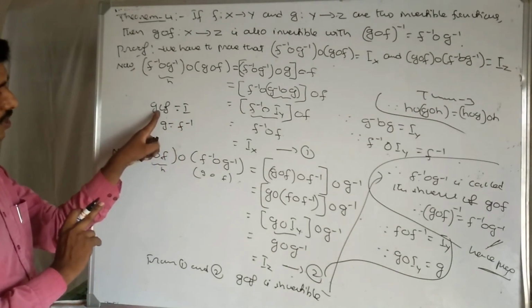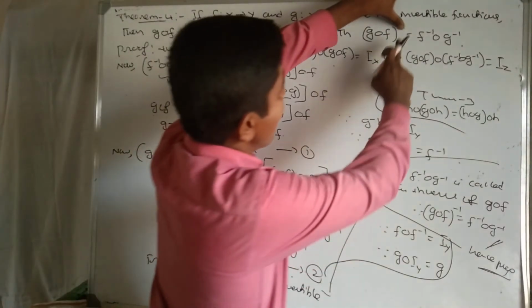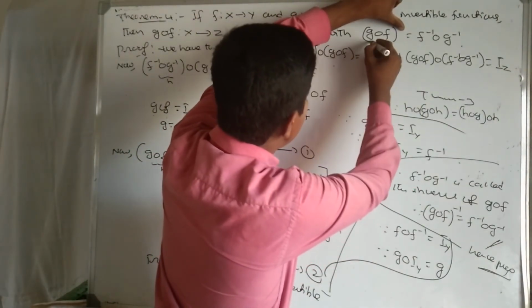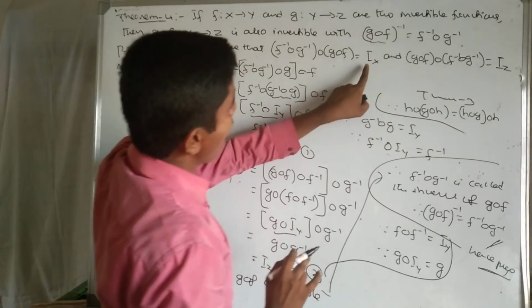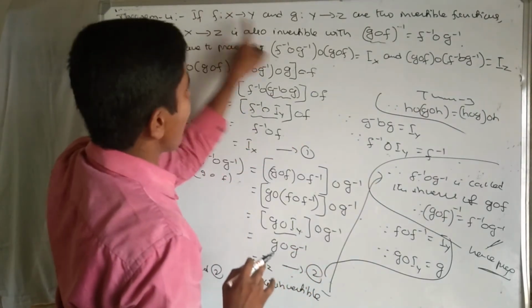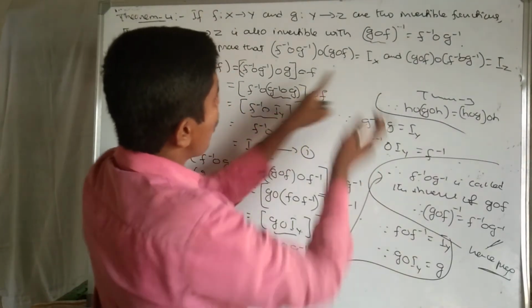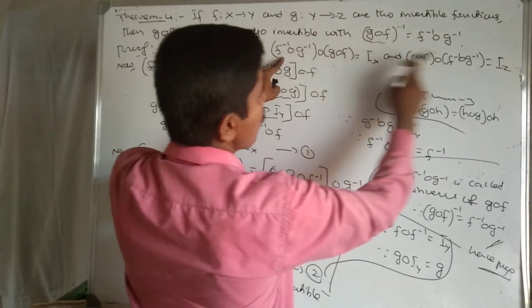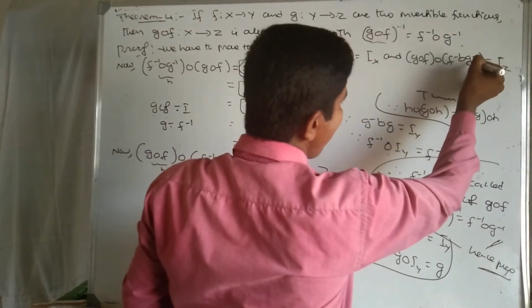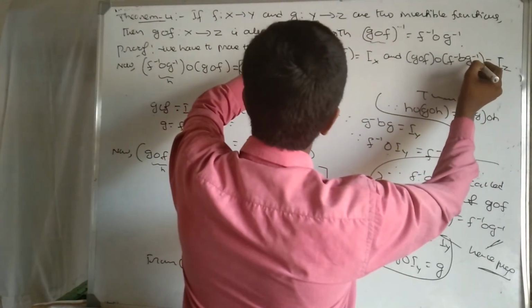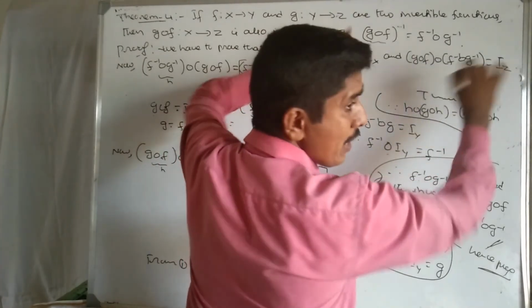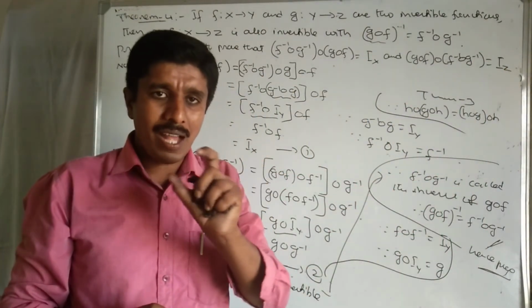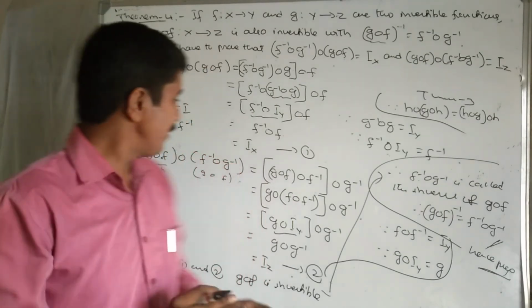Then F inverse o G inverse o G o F equals the identity function with domain X, and in reverse, G o F o F inverse o G inverse equals the identity function, with G inverse domain, G domain Y, G inverse domain Z in the subscript place. Be careful while mentioning the subscript of the identity function and the respective domain.